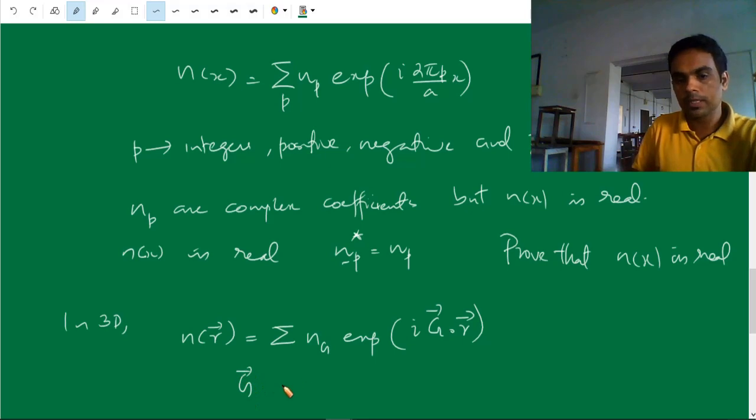G is the translation vector in the reciprocal lattice.